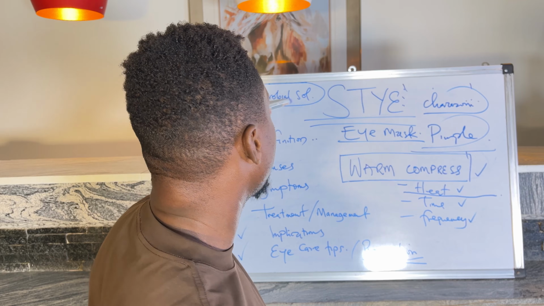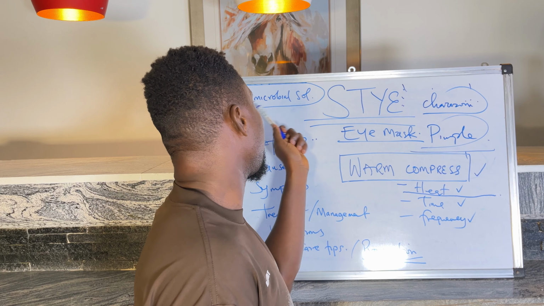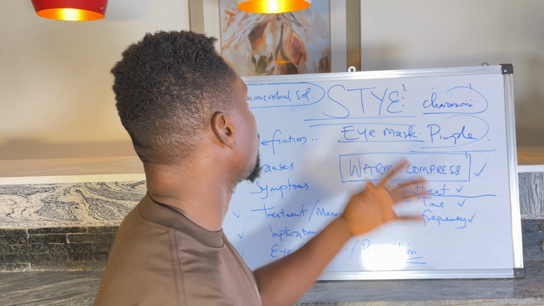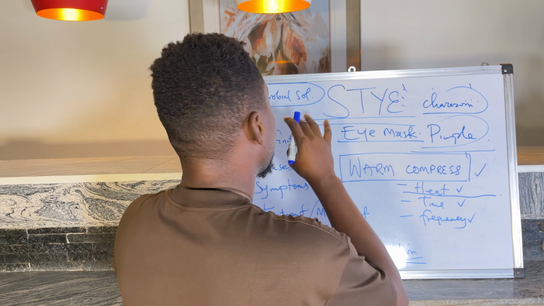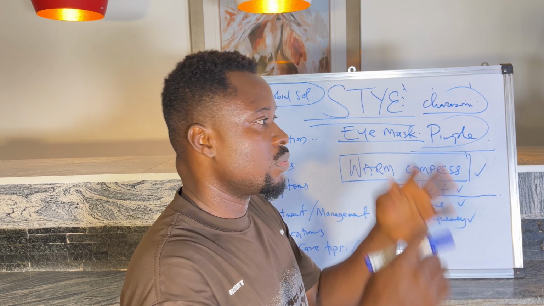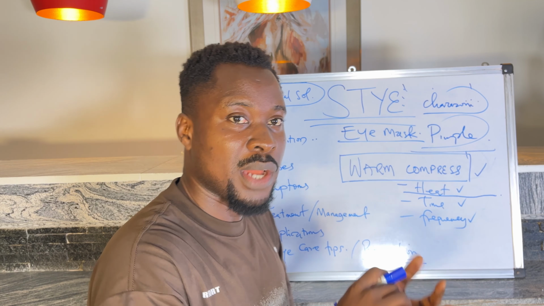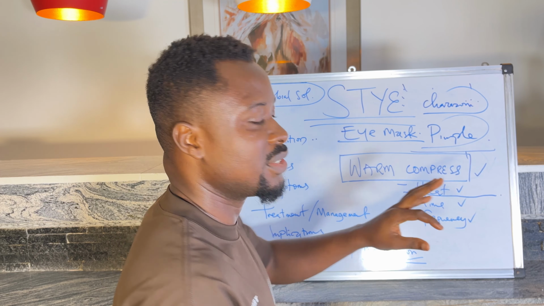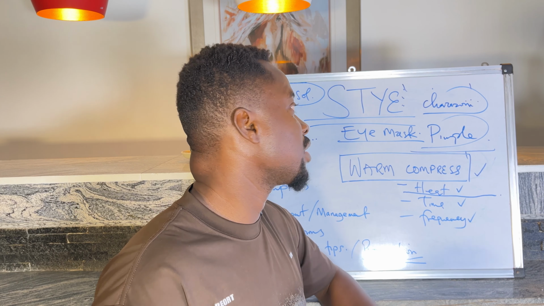Also, talk to your eye doctor on the best antimicrobial solution to use and how to use it. Probably you should use your antimicrobial solution with a cotton wool. Clean your eyelids properly, gently. Take note, gently. Clean it properly and gently.